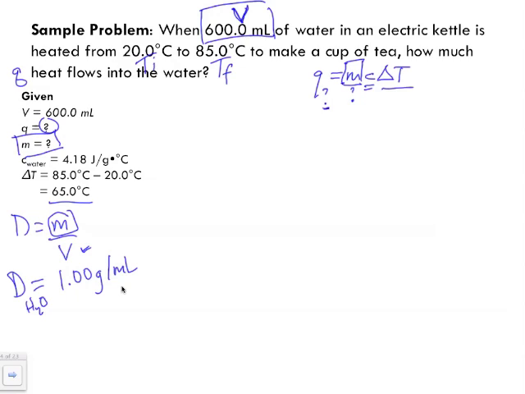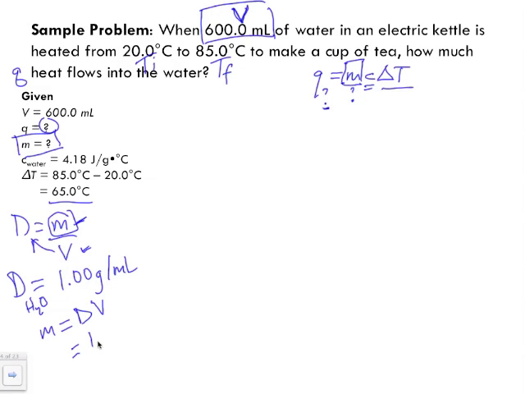So our density is 1 gram for every 1 milliliter. In other words, we're trying to convert 600 milliliters to grams using this density of water. So we're going to isolate for M. We bring V over to this side of the equation, and we're left with mass is equal to density multiplied by volume.